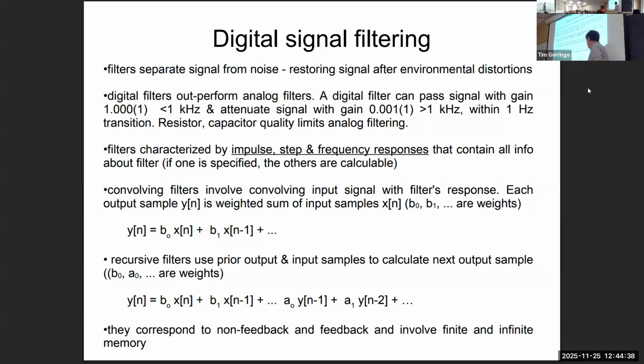Recursive filters. Recursive filters don't just use the prior inputs to determine the output; a recursive filter will use both the prior inputs and the prior outputs to determine the output value. So here, again, the x's are the inputs, the y's are the outputs, and the labels on the x's and the y's, the n-1, the n-2, indicate which particular sample of the input or the output.